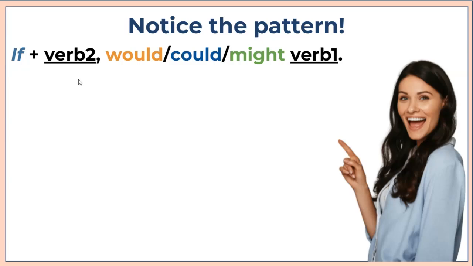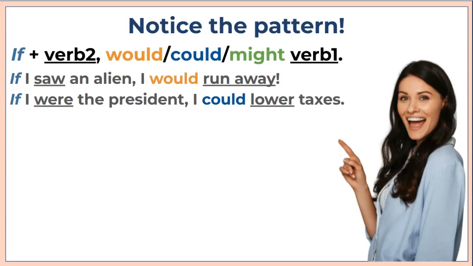So if plus verb two, and our modal would for imaginary, could for ability, and might for possibility, plus the verb one, which we should know we always follow modals with a verb one or base verb. So if I saw an alien, I would run away. If I were the president, I could lower taxes.